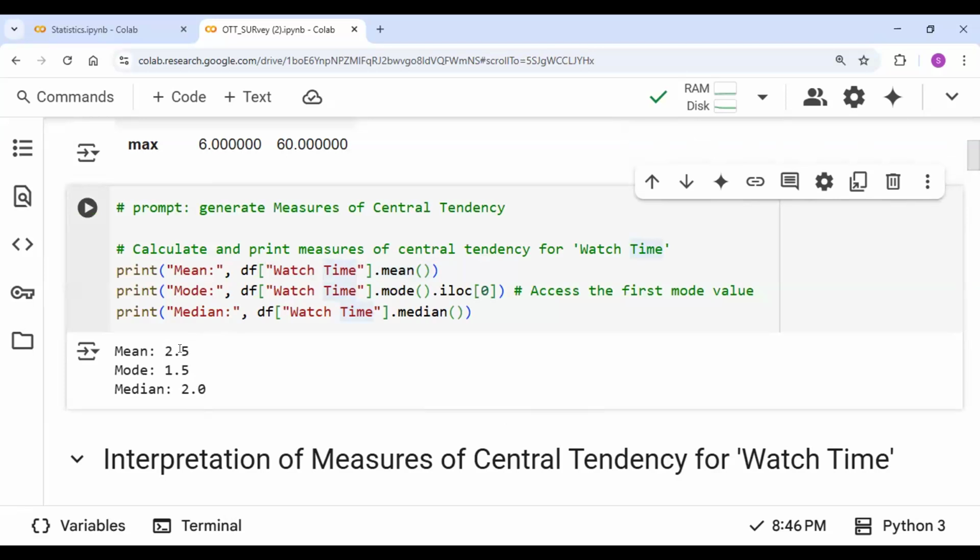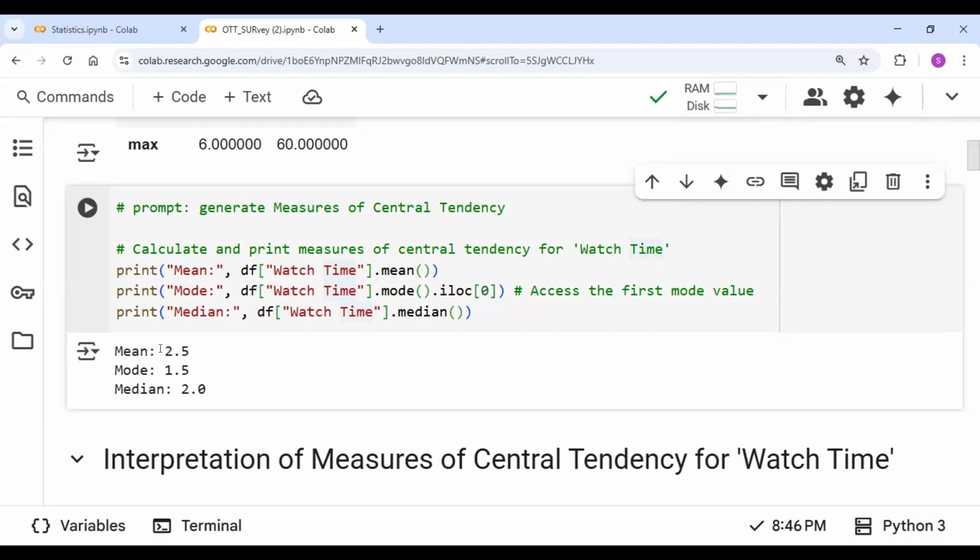So on an average, the customers in this data set are watching 2.5 hours of OTT. The median tells you that half of the customers from this data are watching less than 2 hours.